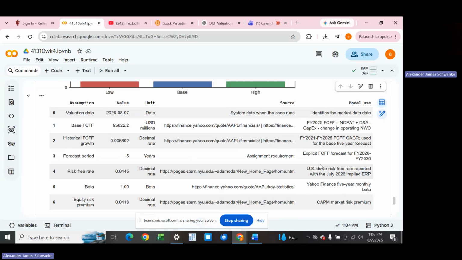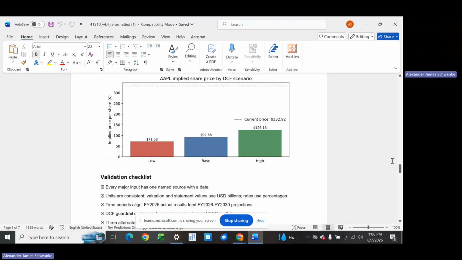expectations for growth. And going back to my output, my base estimate is $92.68 per share with a range of 71 to 126. They're all well below the current price of 332. But this again does not prove that Apple is overvalued.